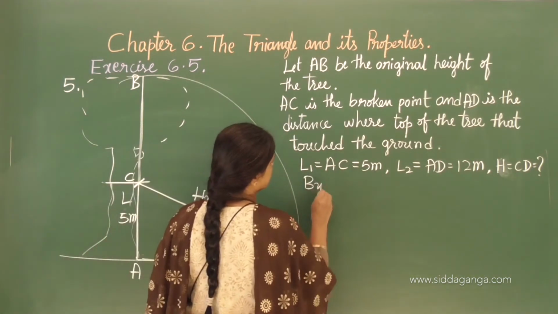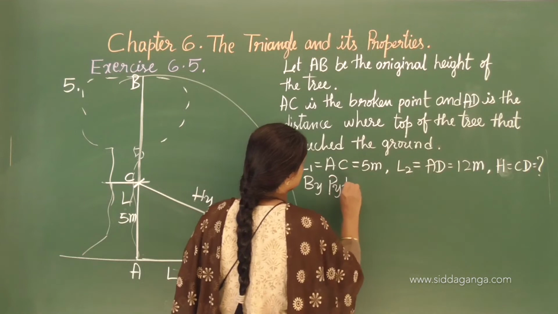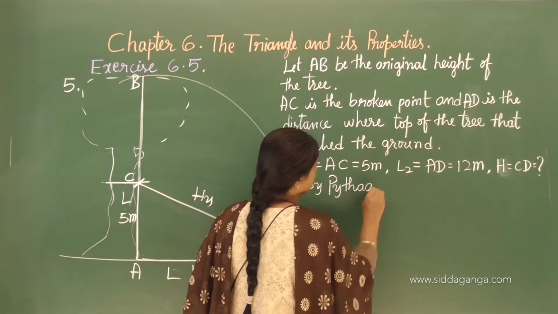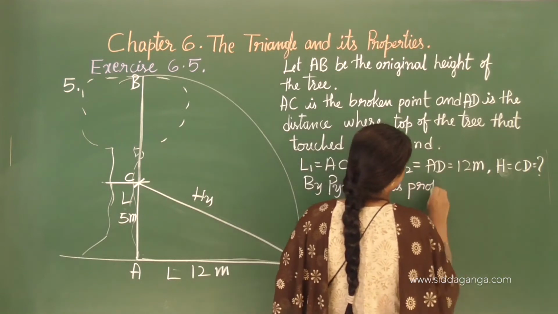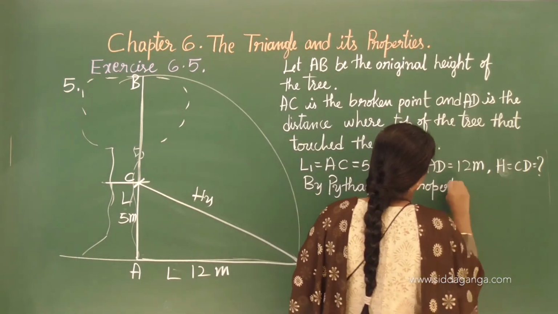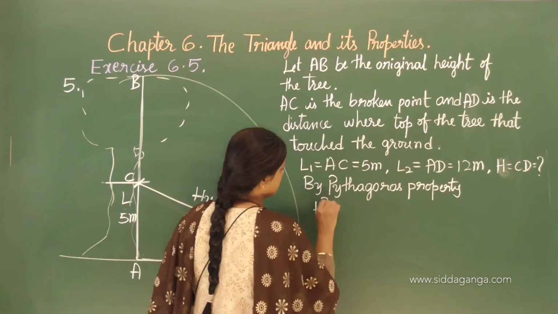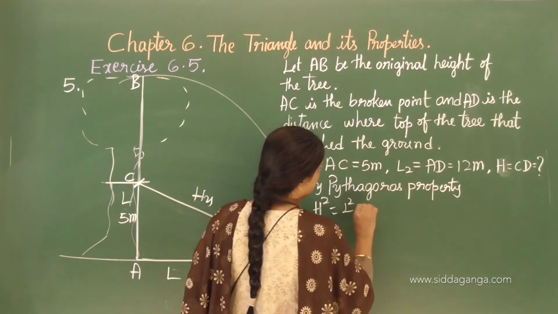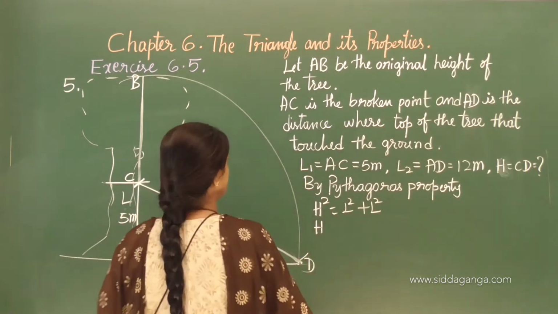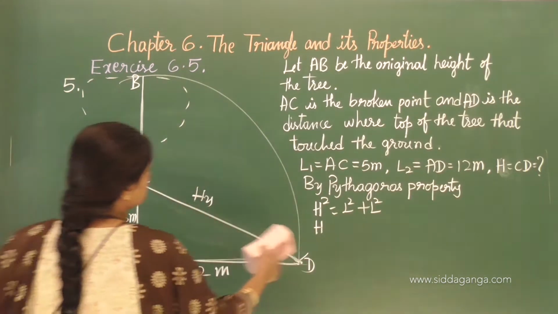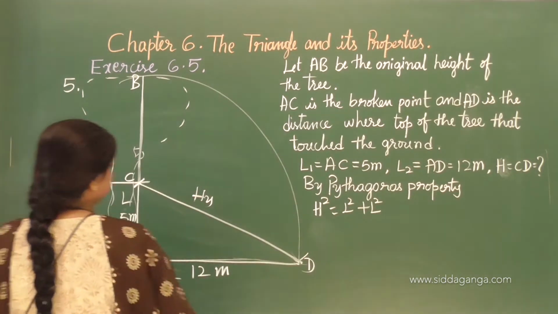By the Pythagoras property, what does it tell? It tells that H squared is equal to L squared plus L squared. We don't know H squared, that is, H is CD here.